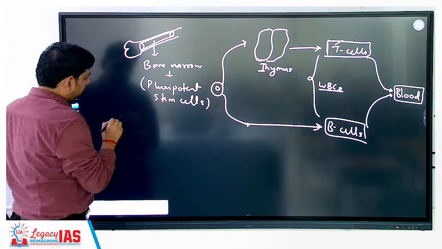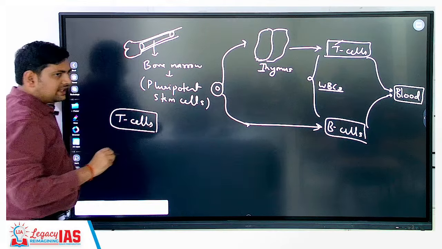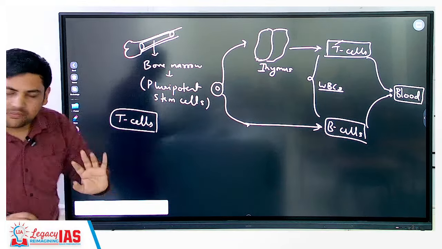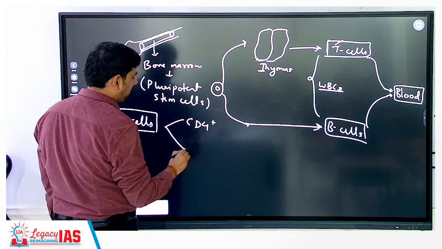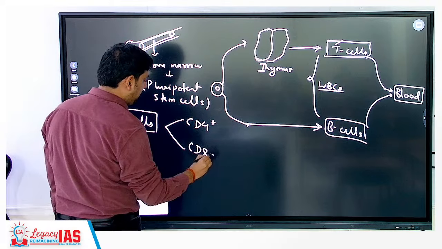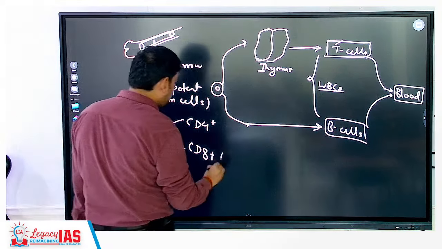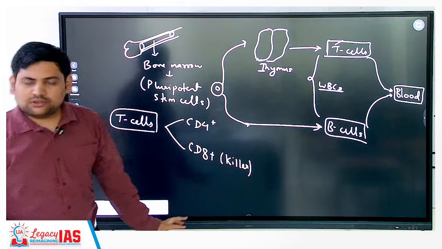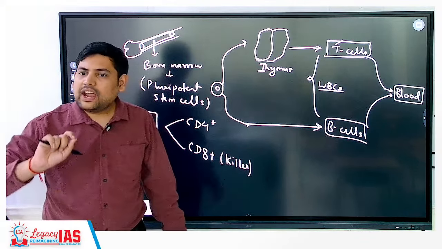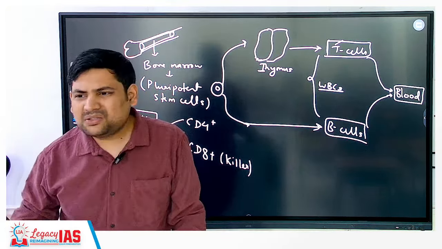Now, T cells are mainly of two types. What is this? CD8 plus, these are killer T cells. What they do is, if your body is caught with some pathogen, some disease, some of those cells are affected.